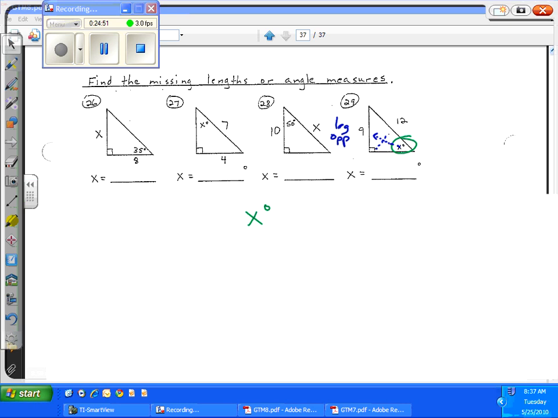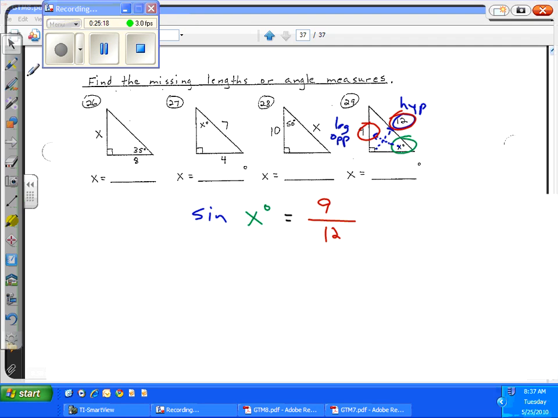The 12 is the one across from the right angle, which is the hypotenuse. We have leg opposite, hypotenuse. Leg opposite, hypotenuse is sine. So we have sine x degrees is equal to, now we do what sine says to set up the fraction. Sine says leg opposite 9 goes over hypotenuse 12.